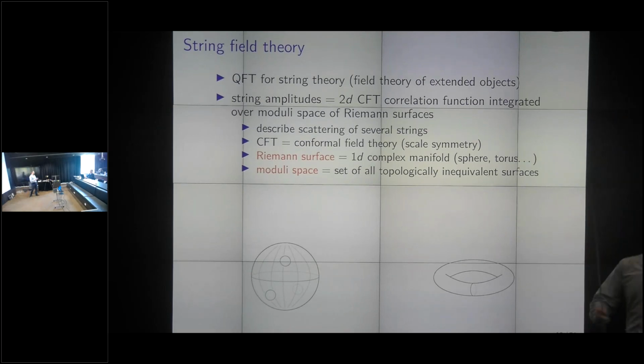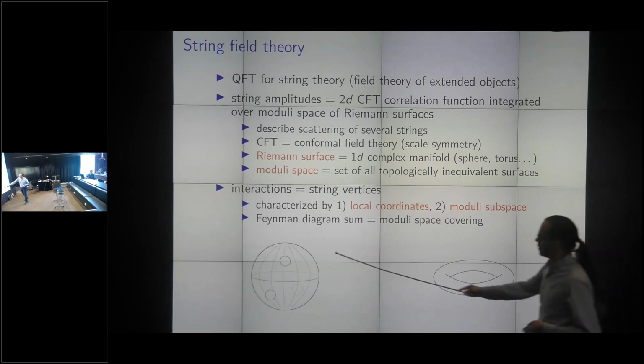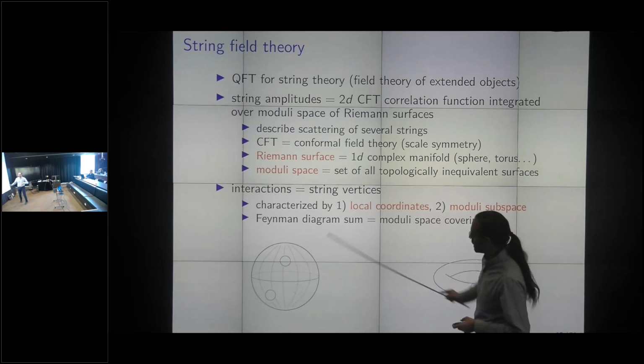Why a Riemann surface? A Riemann surface is a one-dimensional complex surface, so it's a two-dimensional real geometry. For example, you have the sphere or the donut. You can see the Riemann surface as what you get if you take many strings coming together and interacting, and just cutting off the legs. Here it's a sphere with three holes.